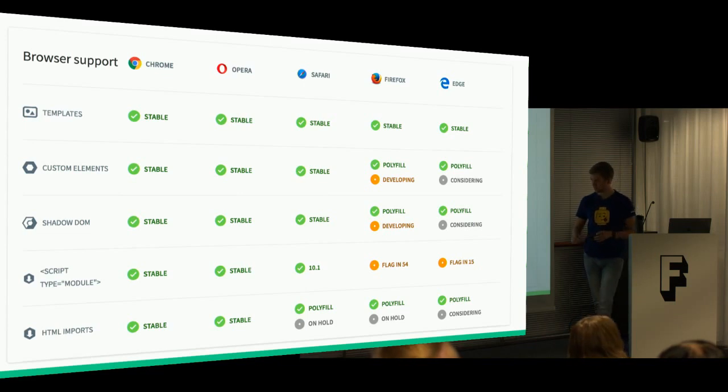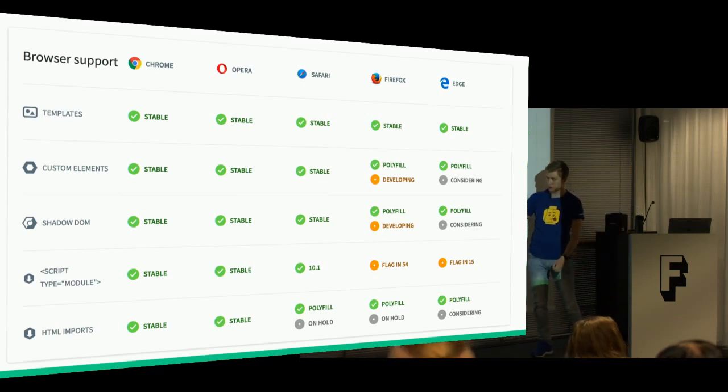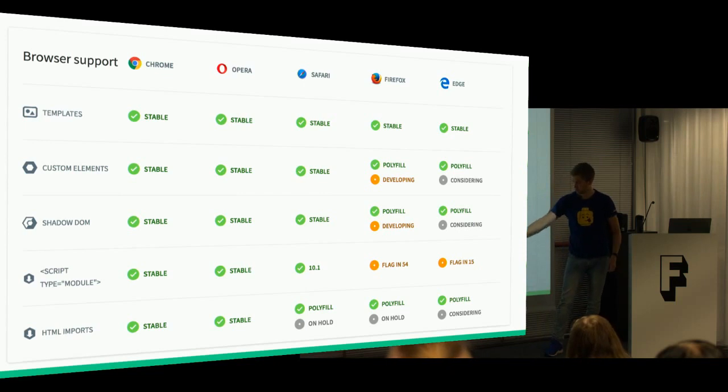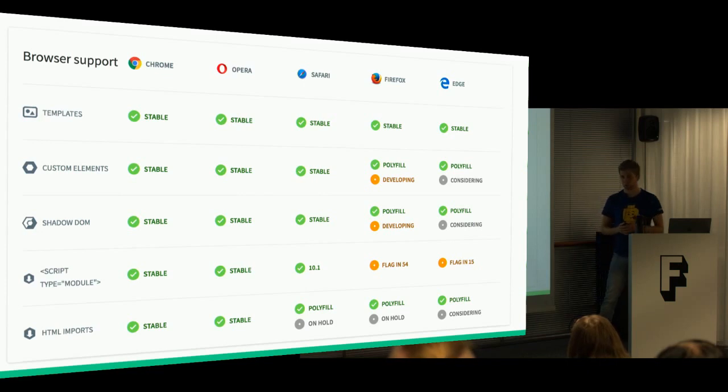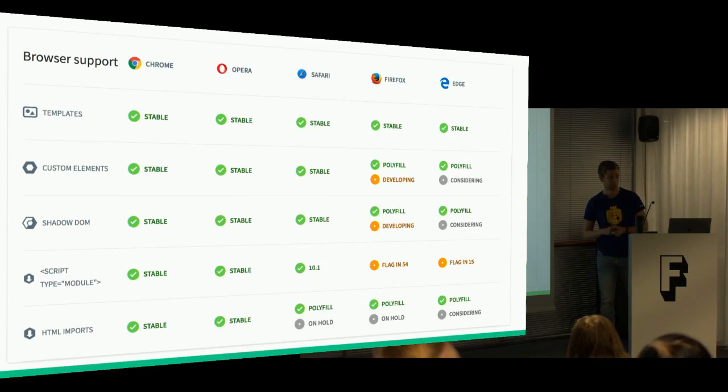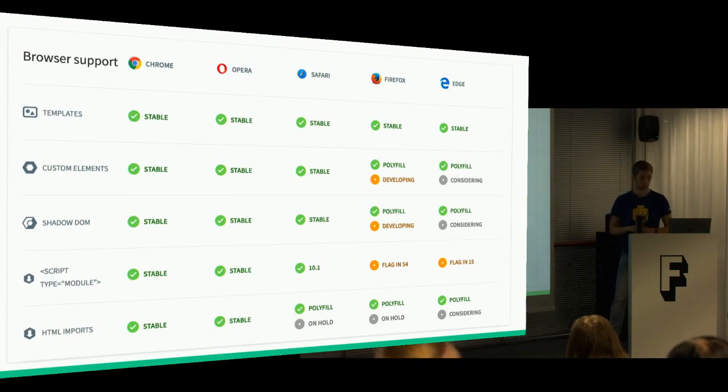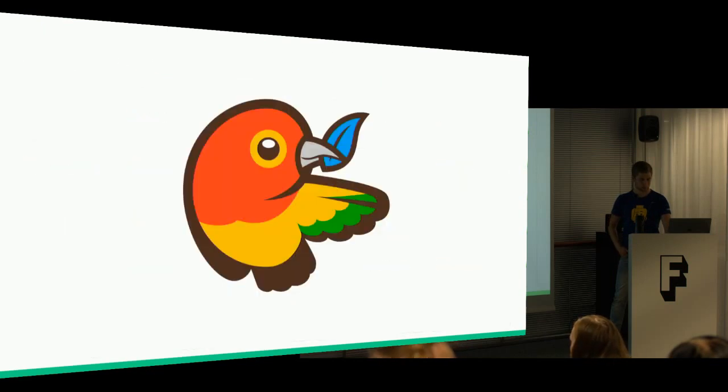So instead of using HTML imports, I think web components are moving a bit more towards using ES6 modules. For example, with the Polymer library, Polymer 2.0 uses the HTML imports, but 3.0 will totally discard the HTML imports and start using ES6 modules. So things are going in the right direction.